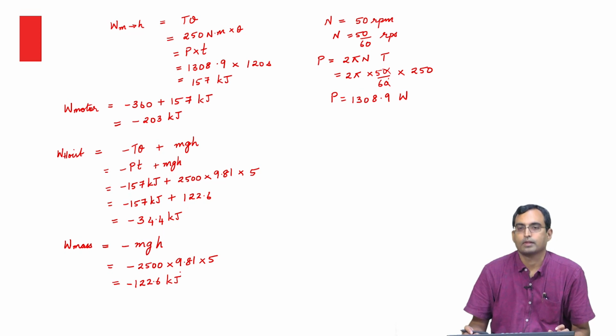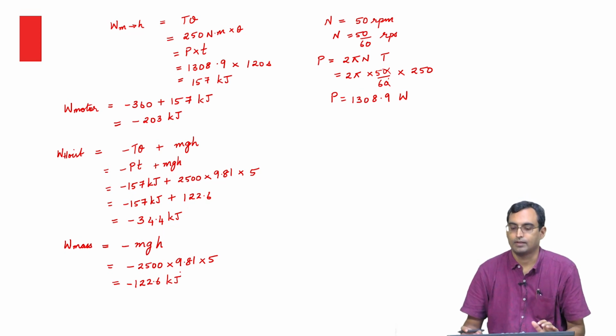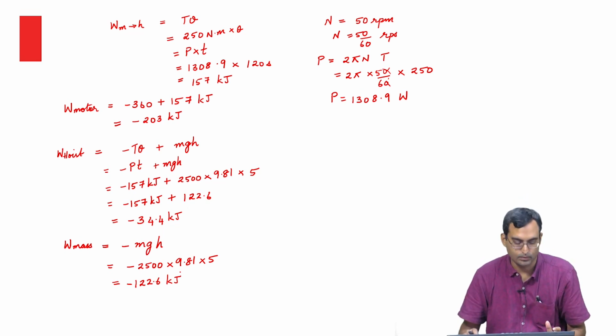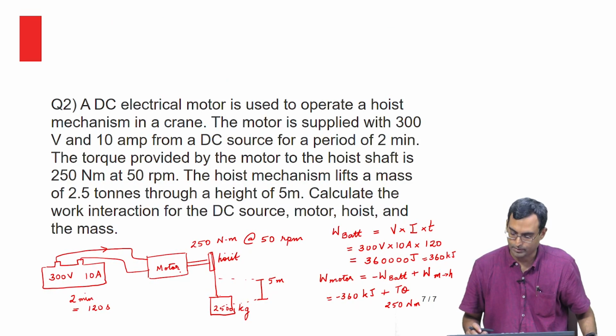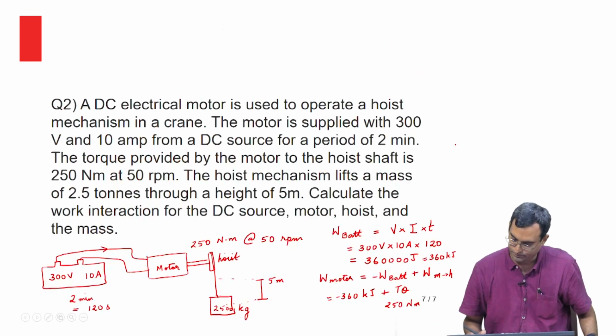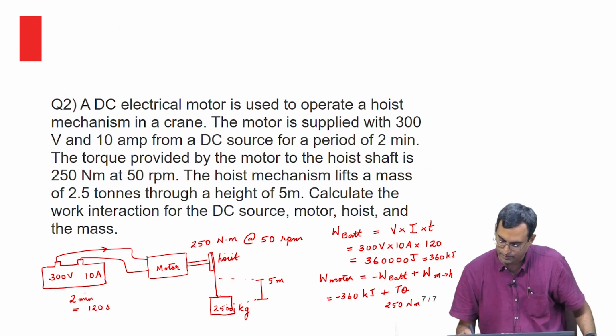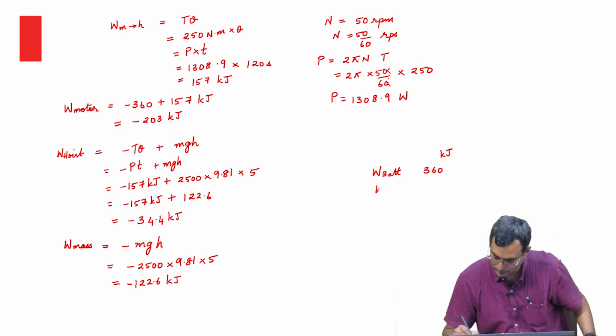What we should also see is that if we add up all the work interactions, we have seen earlier that the sum of all of the work interactions should be 0. So, we can check whether that is indeed true. We had the work interaction for the battery, which is 360. I am going to write all of them in kilojoules. Then we had the work interaction for the motor, which was minus 203.